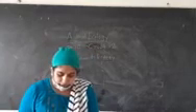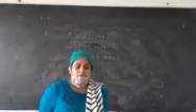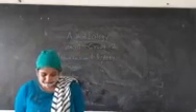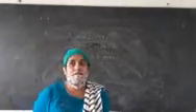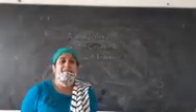Again, beneficial association. Okay, as we know, commensalism, mutualism. So there are different types of associations. So we can see on the cattle, birds are there.